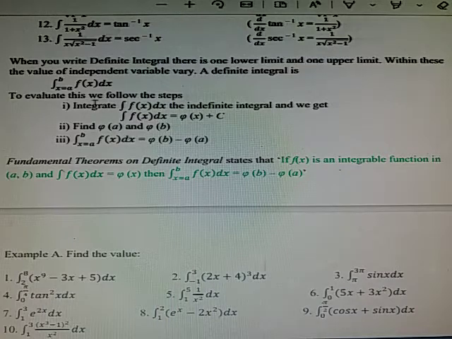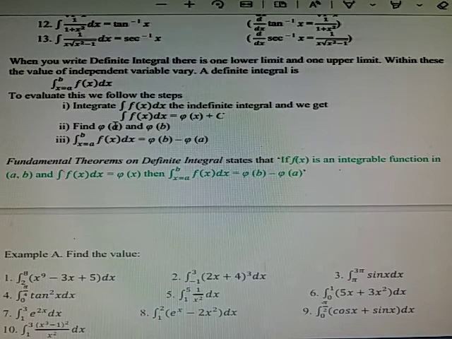So these are the steps when you are to integrate. First you find the indefinite integral, then in this function you write phi a and phi b, and then subtract phi a from phi b. Now this is the fundamental theorem of definite integral.